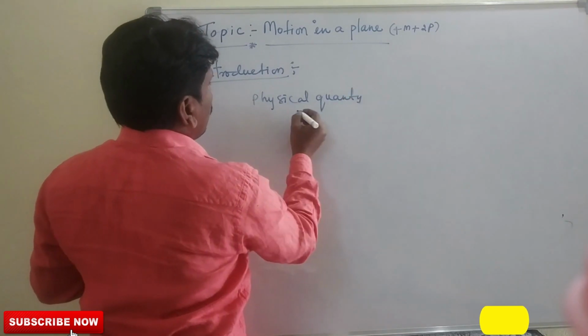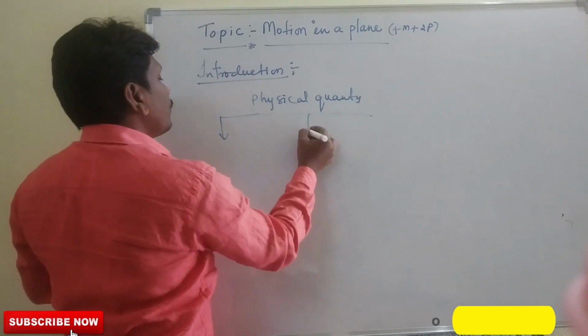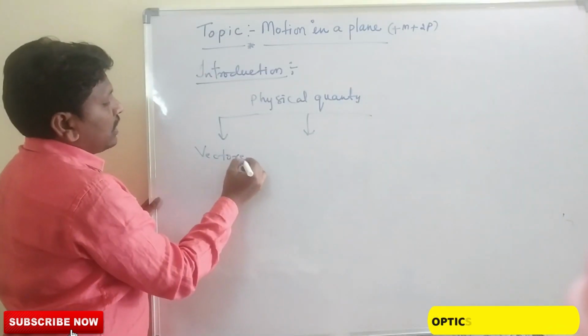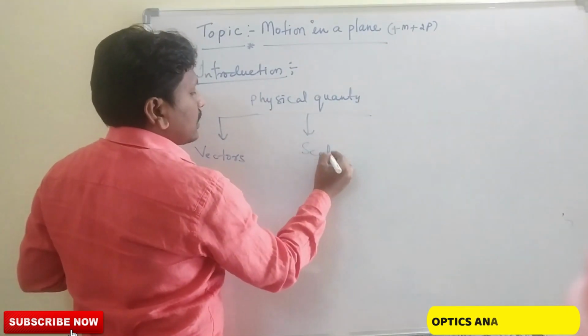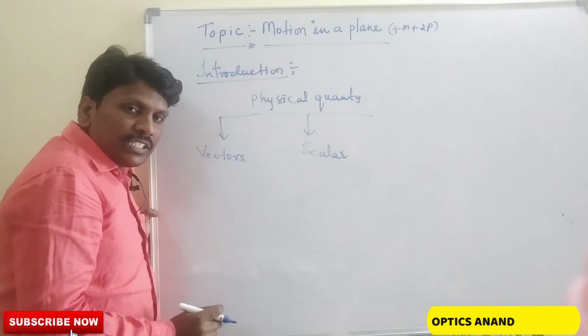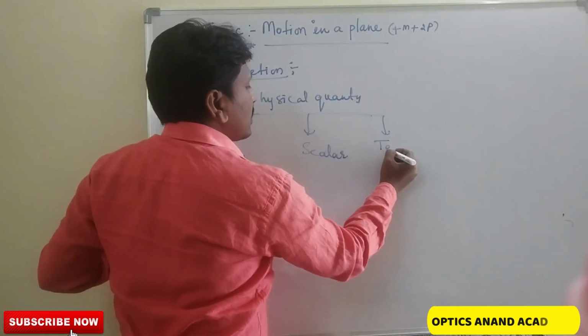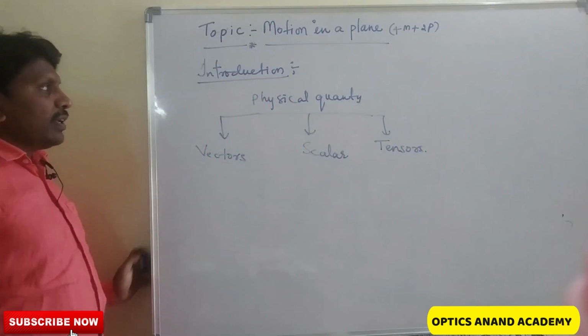First one is vectors, second one is scalars, and third one is tensors.